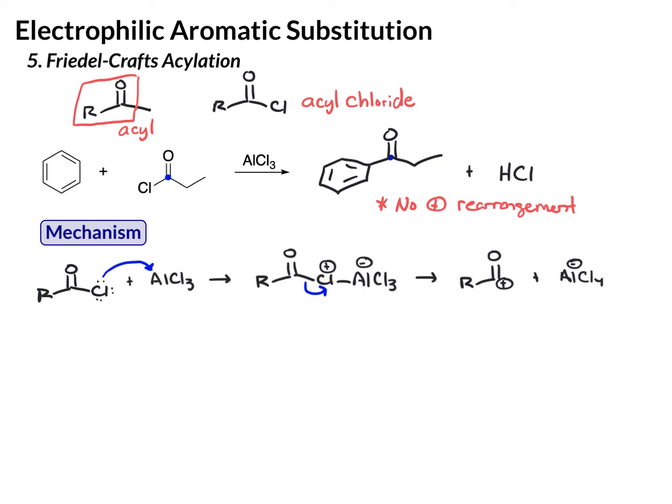is resonance stabilized. We have lone pairs on this oxygen, and I can use a curved arrow and draw the resonance structure for this. When I do that, I get a triple bond to the oxygen.